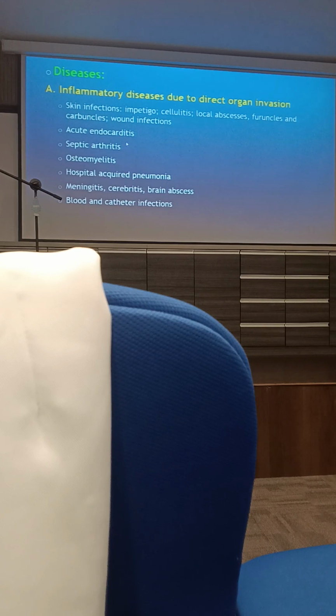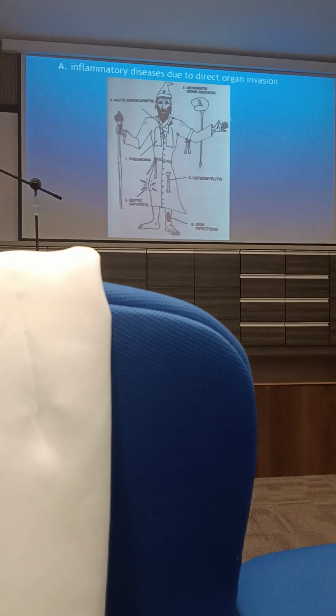They can cause acute endocarditis, septic arthritis, osteomyelitis, hospital-acquired pneumonia, meningitis, cerebritis, brain abscess, and also blood and catheter infection. So they can affect many organs through various modes of entry.